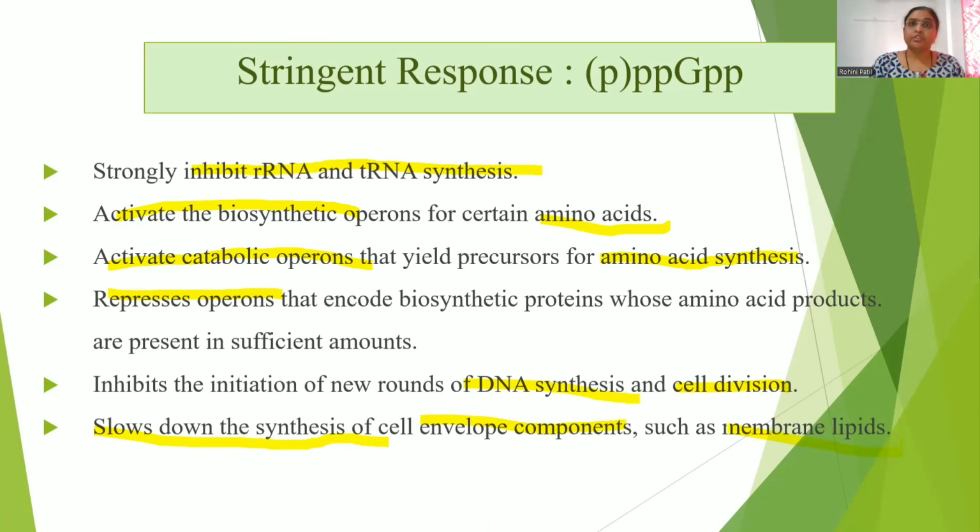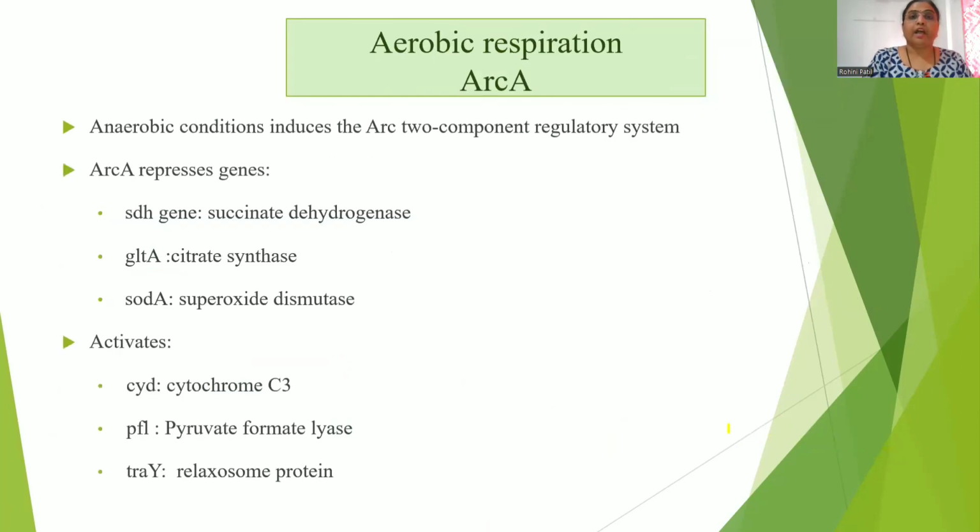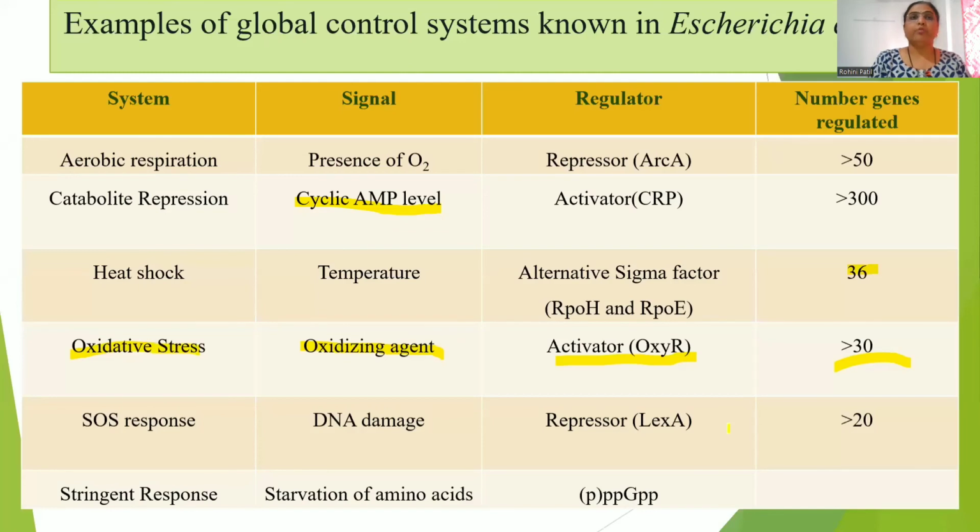Thus, this stringent response is a global regulatory system, a global control system, or a global control network. And in that, the signal molecule, guanine tetraphosphate and pentaphosphate, which is involved, will be called the global regulator. I think you may have cleared the idea about the global control system and the global regulators.